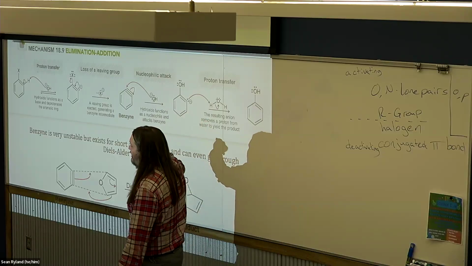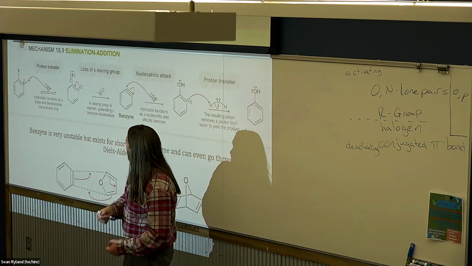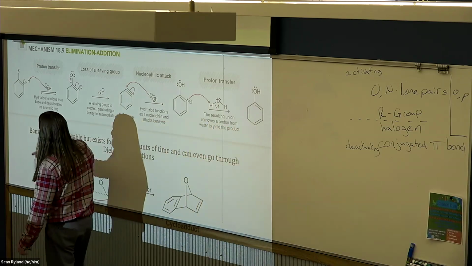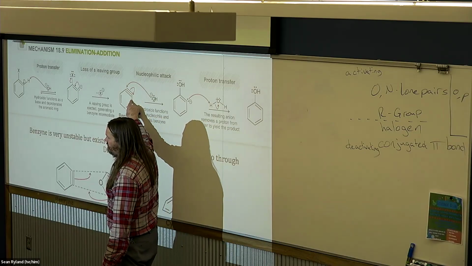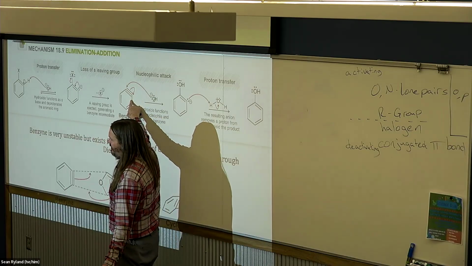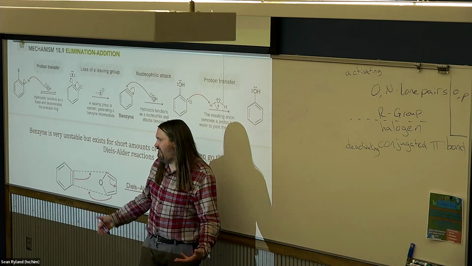Right, so the reason that we got two different products, the reason why we didn't just substitute it where the halogen was, is because once you get to benzyne, either of those two carbons is equally good as an option for our nucleophile to attack. So it just picks one at random, so you get a 50-50 mixture.